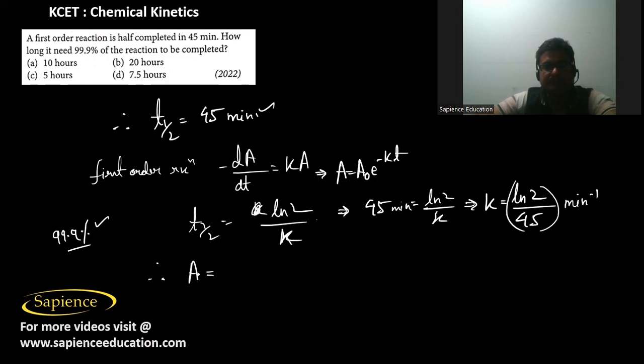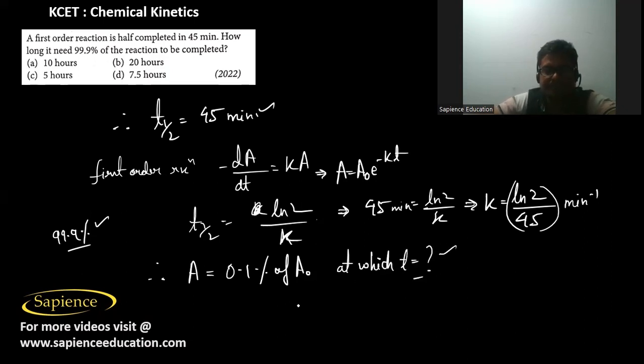Therefore we have to find the time at which the final concentration is equal to 0.1% of the initial concentration of A. 0.1% of A means 0.001 A naught.